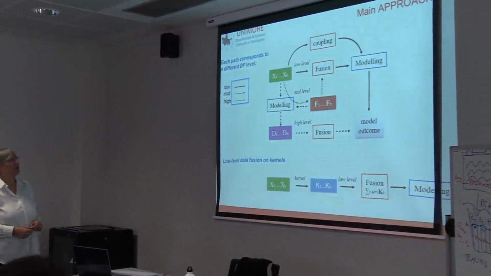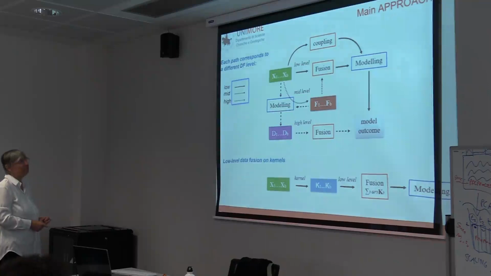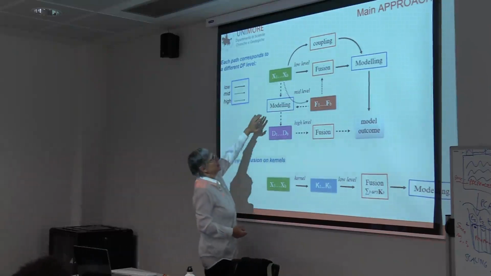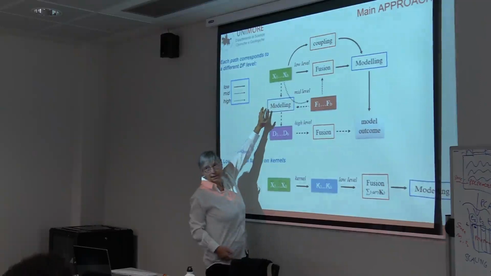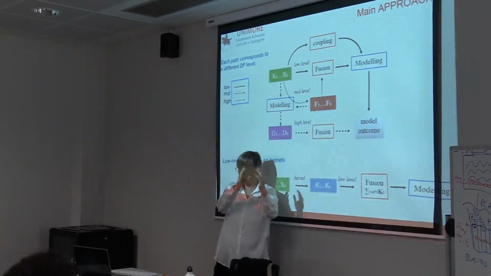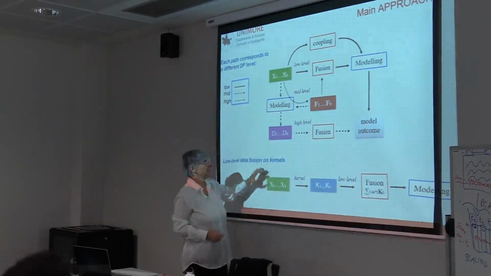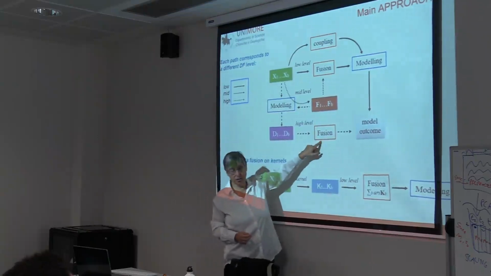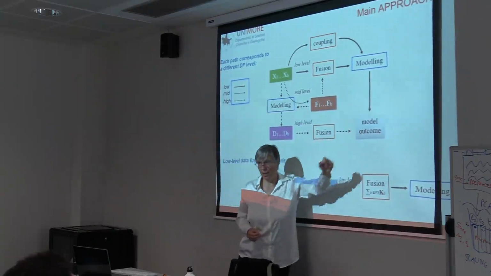When I do the high level, I may have both paths, because I can do the modeling on my raw data, each block separately, distinctly, and then I take the decision, and then I fuse the decision, and this will be my final output.